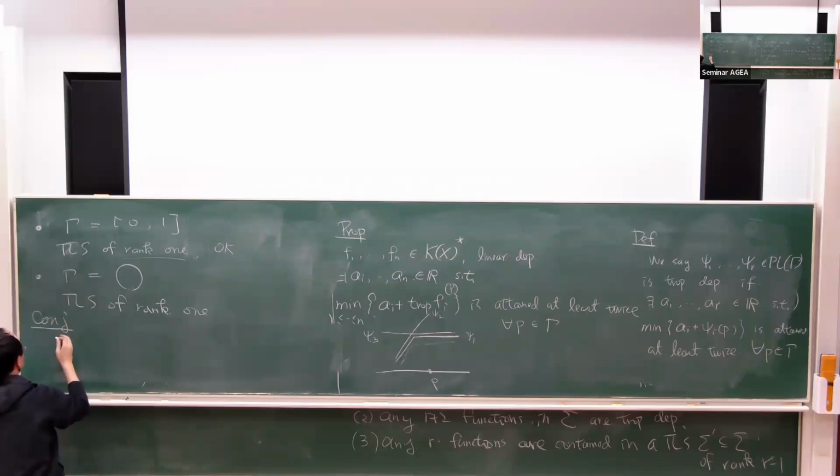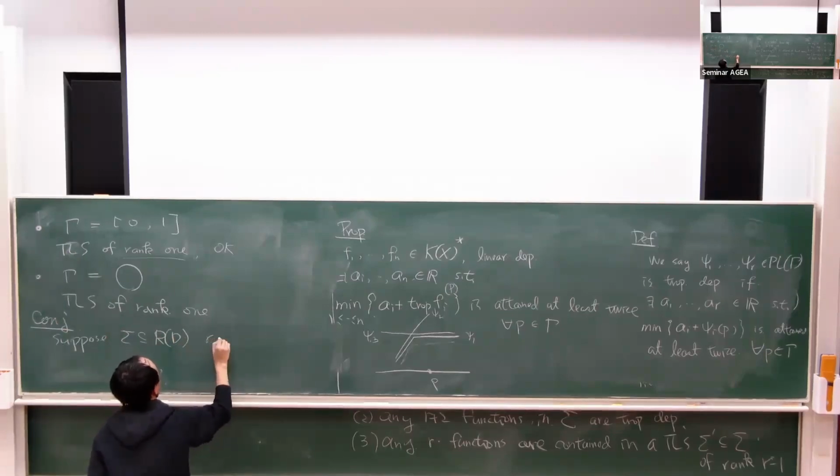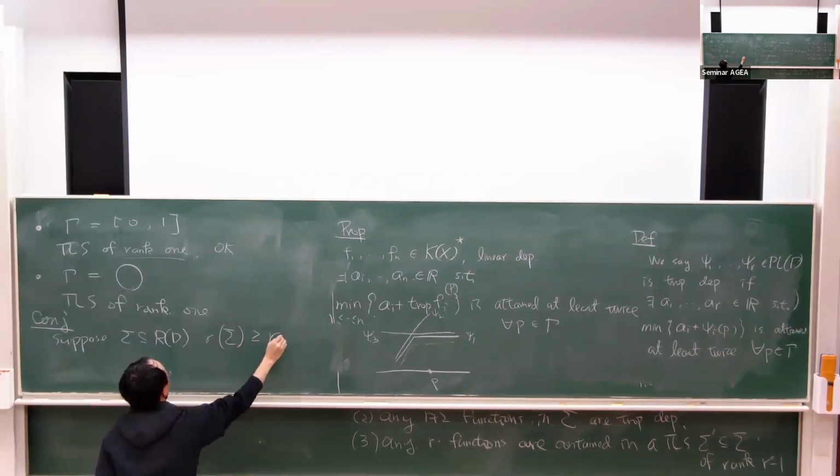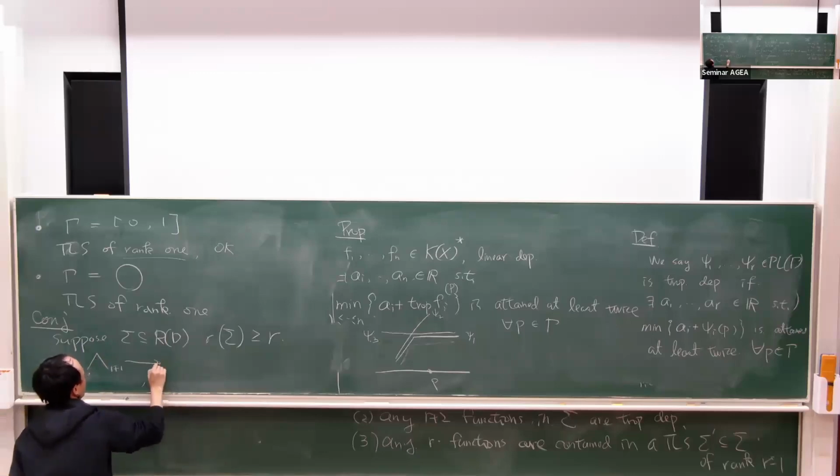We want to prove the following. Suppose sigma is a tropical submodular such that the Beckner rank condition is greater or equal to R, and there is a surjective tropical linear map from a tropical linear space, let me explain later, surjectively to sigma.